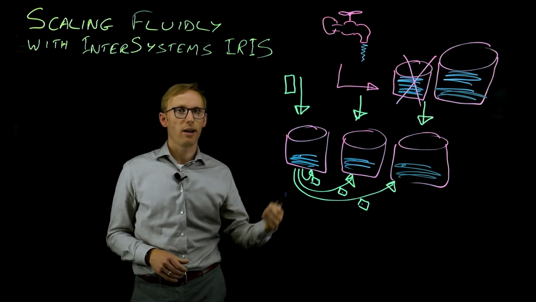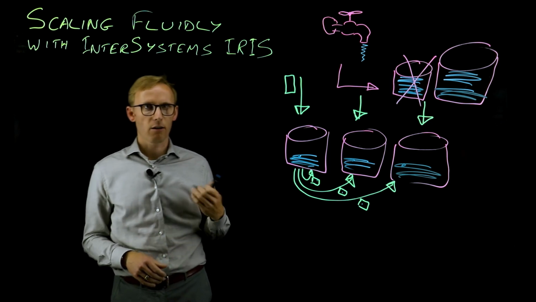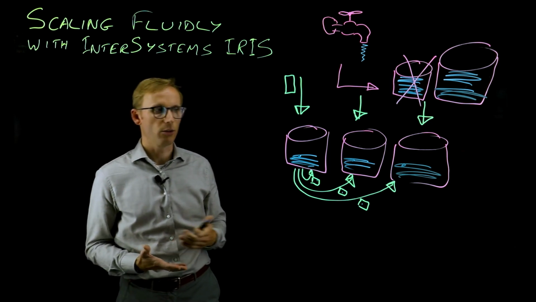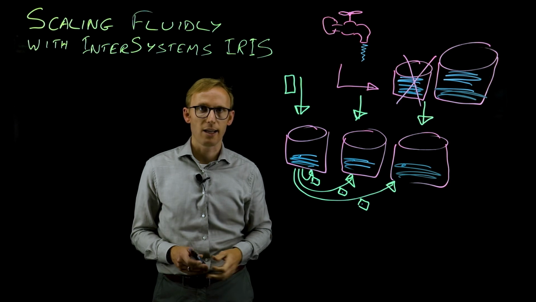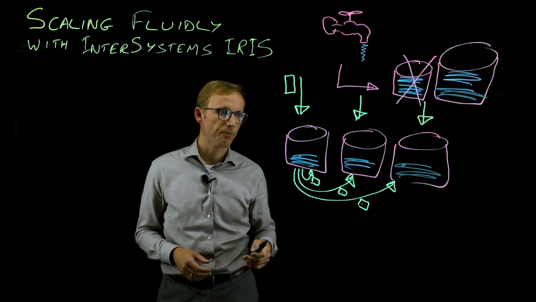But if you know what kind of queries you'll be getting, and if there's a particular column that's often used as an aggregation key or a join key, it becomes interesting to choose that as part of your shard key.